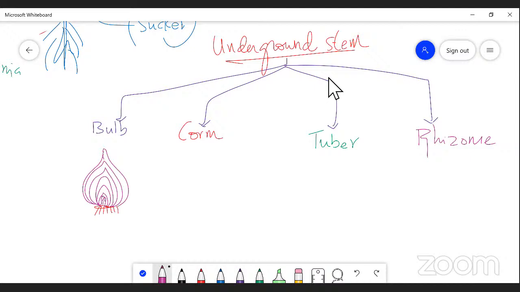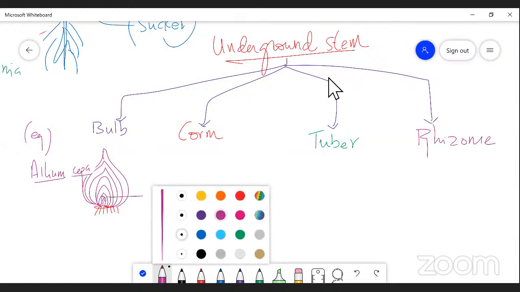Allium cepa is an example of a bulb. So this is a bud, the axillary buds.